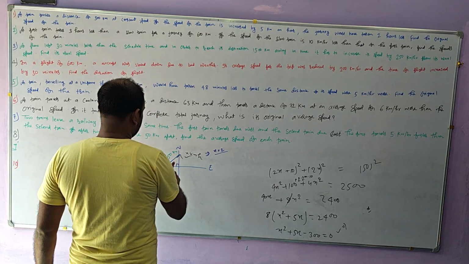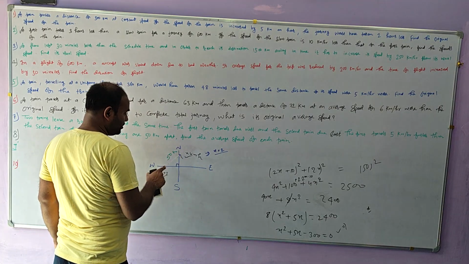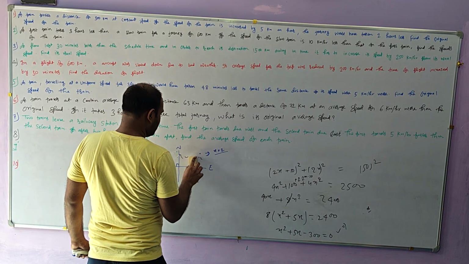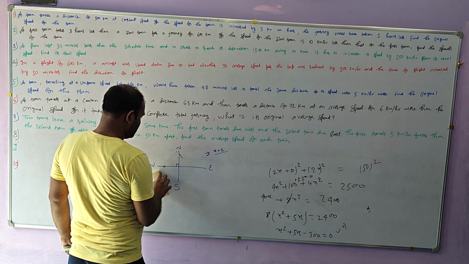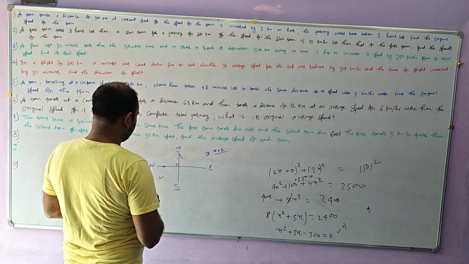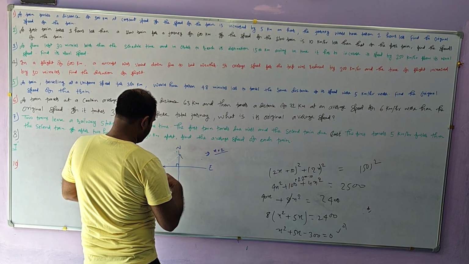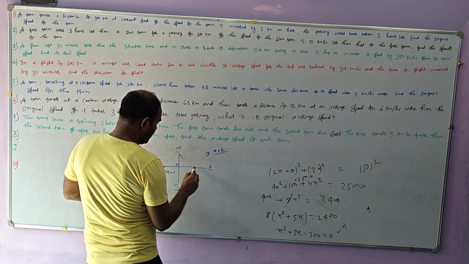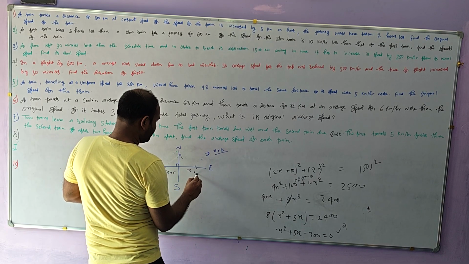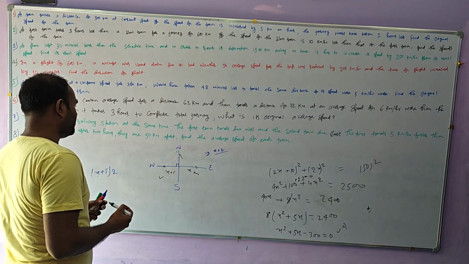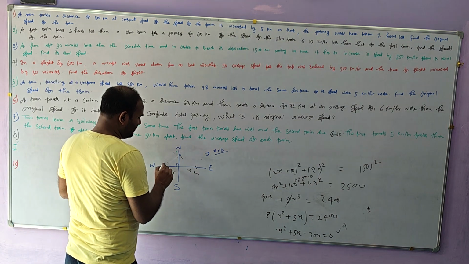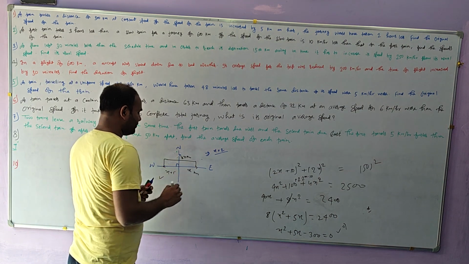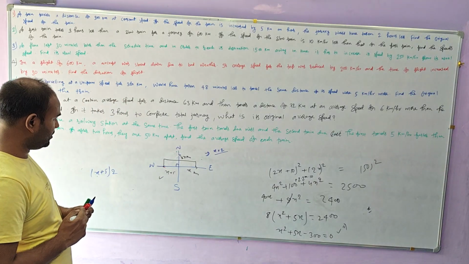So now this diagram is something like this. Suppose it has x plus 5 and it has x kilometer. Similar, and the distance between them is 50 kilometer after 2 hours.